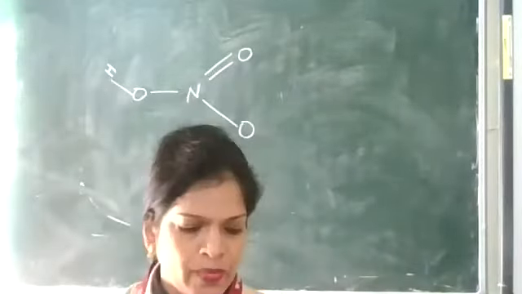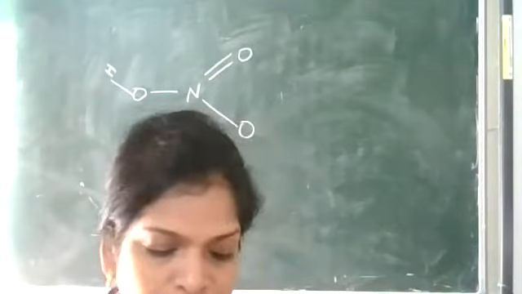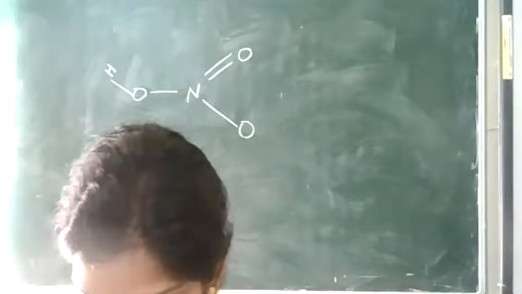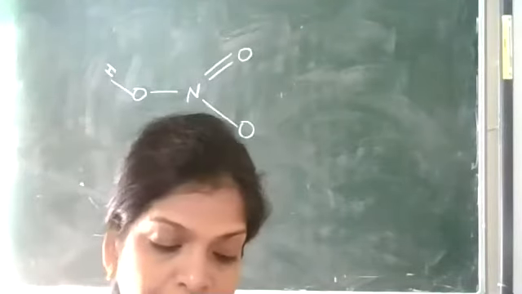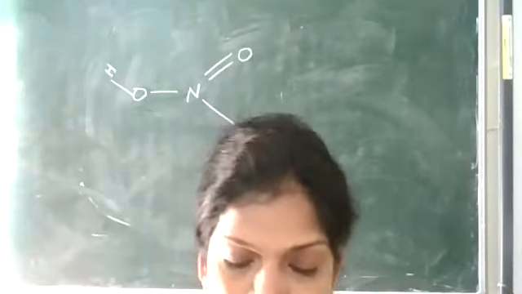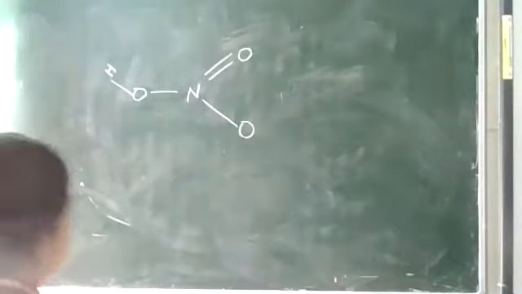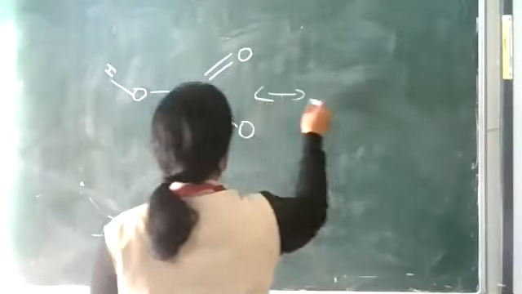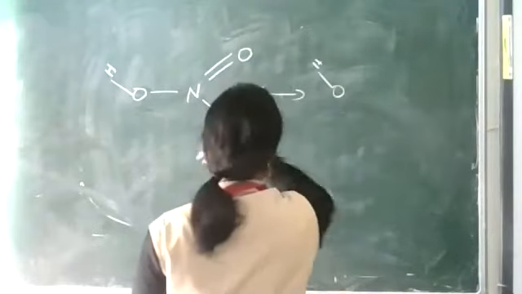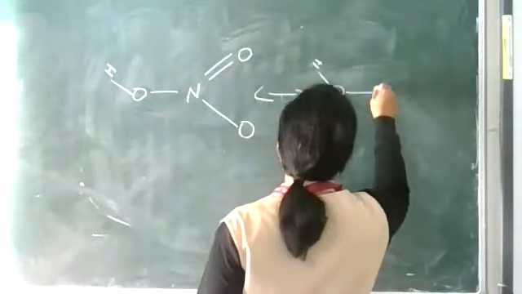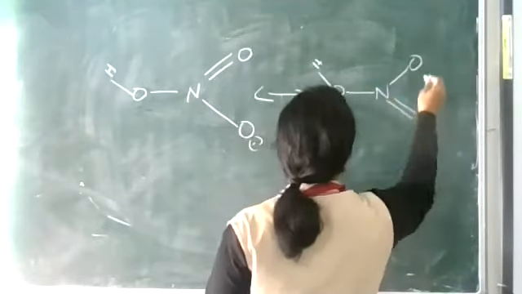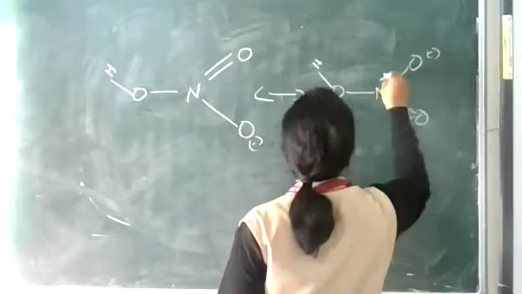So write one question. The N=O bond in HNO3 is smaller than the N-OH bond. Why? This is due to resonance. That is OH, here there is no resonance. Here it is minus, here it is plus.